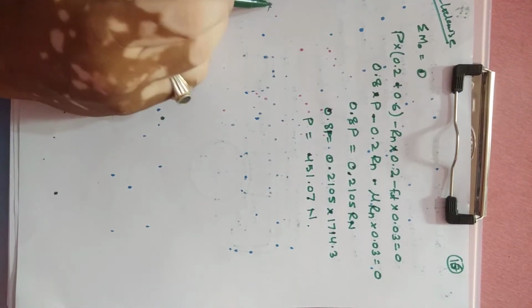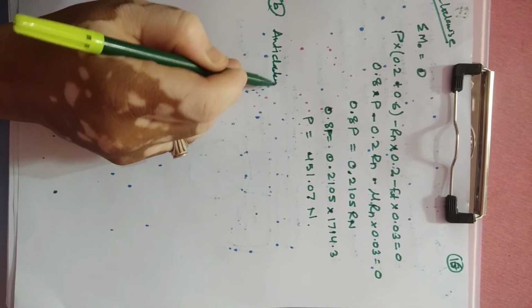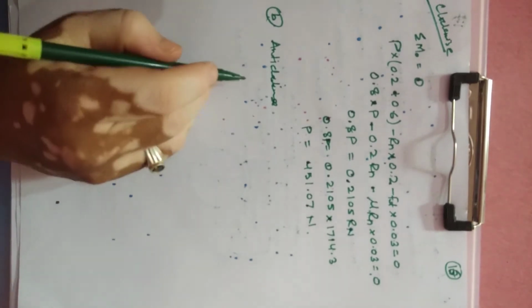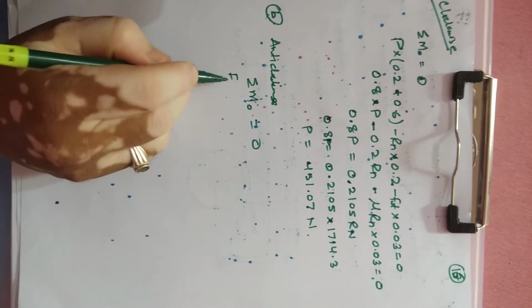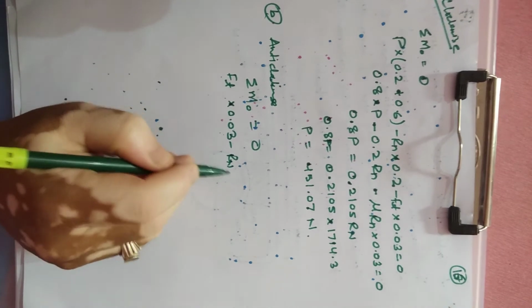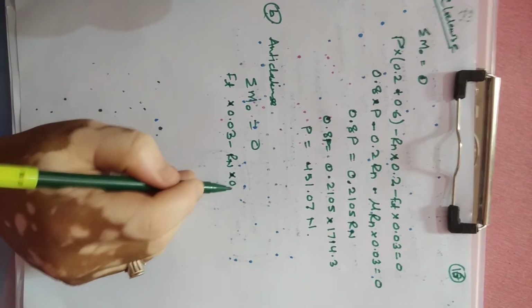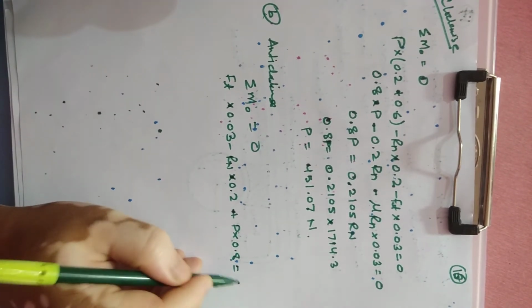Okay, and now in part B, anti-clockwise rotation. Only the direction of the drum is changed, and when the direction of the drum changes, to find for anti-clockwise rotation of the drum, summation of M0 will be: Ft into 0.03 minus Rn into 0.2 plus P into 0.8 equals 0.